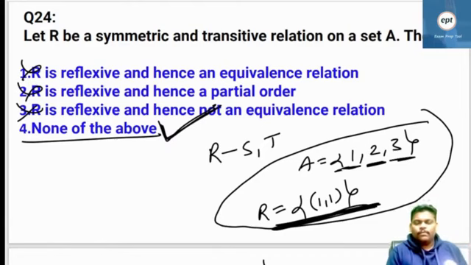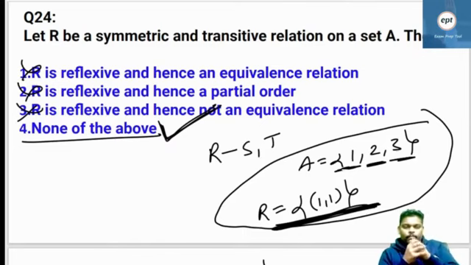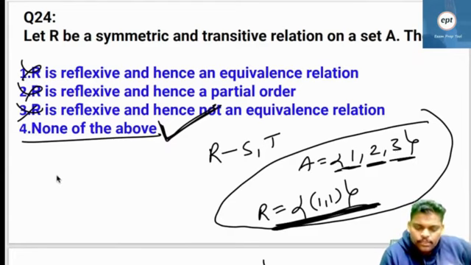Is it fine? Rohit, is it fine? Diksha, is it fine?